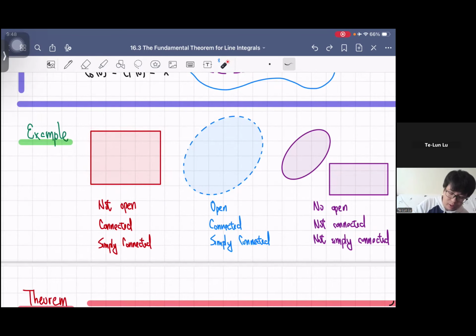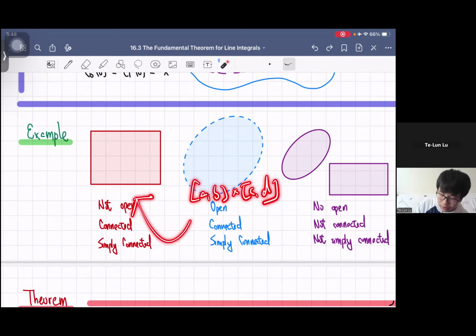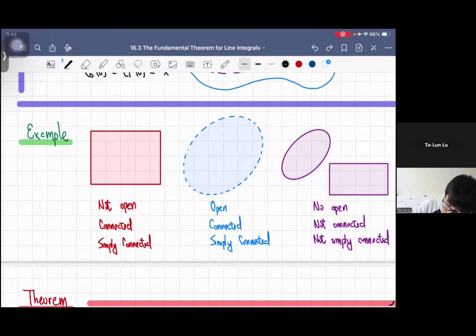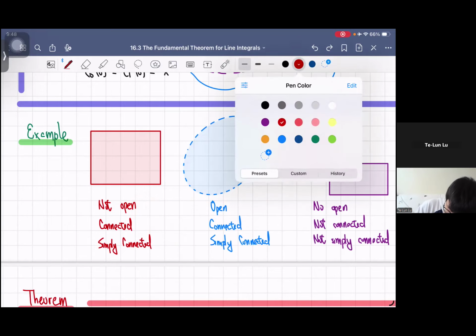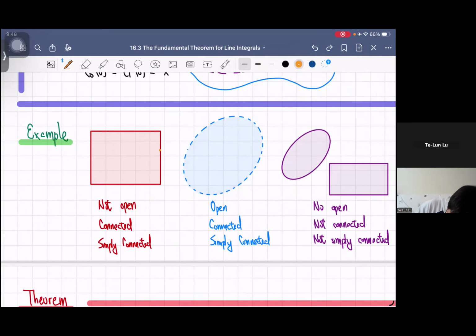For example, if we're dealing with a rectangular set, say AB times CD, this boundary is exactly why it is not open. Because if you choose a point on the boundary, then whatever ball you choose, you always have some point that lies outside the set, in this case this part. And this does not depend on the radius.